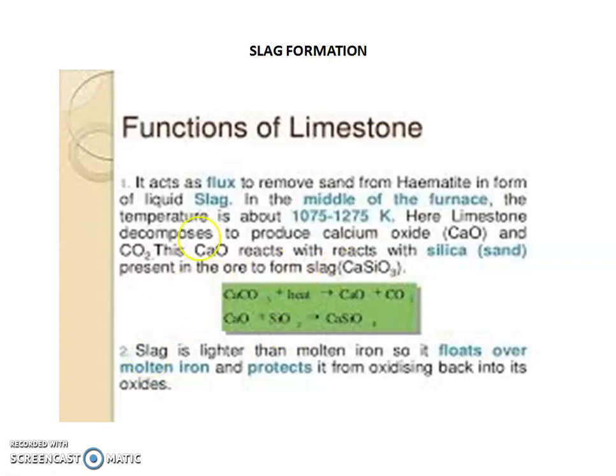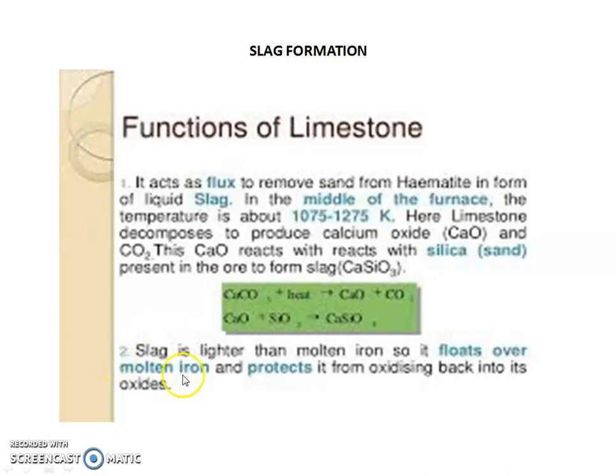It forms calcium oxide plus carbon dioxide. Calcium oxide will react with silicon dioxide, that is the impurity, to form calcium silicate. This calcium silicate is known as slag, because calcium oxide is the flux and silicon dioxide is the impurity, and flux and impurities give slag. This slag is in a molten state, and this can be drained off.